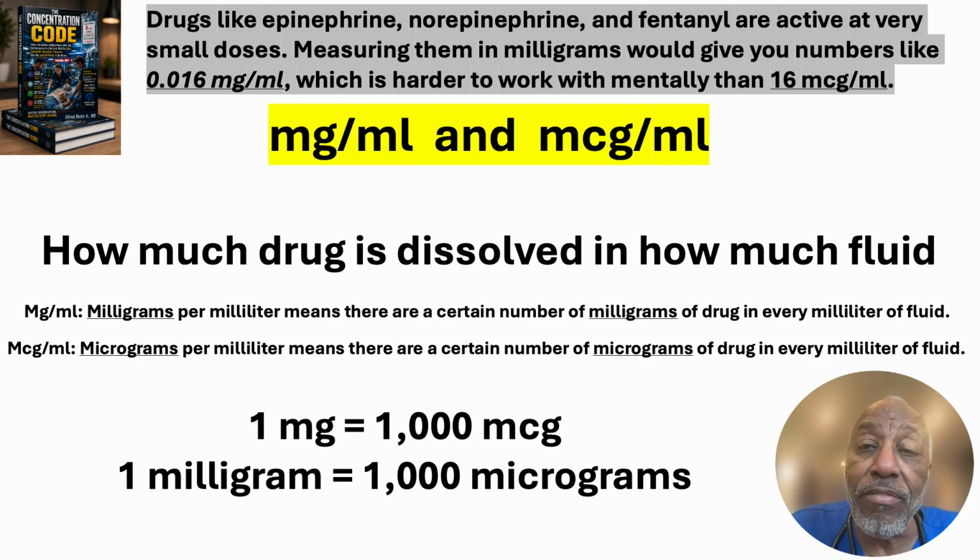Drugs like epinephrine, norepinephrine, and fentanyl are active at very small dosages. Measuring them in milligrams would give you numbers like 0.016 milligrams per milliliter, which is harder to work with mentally than 16 micrograms per milliliter. The units get chosen to make the numbers practical at the bedside.